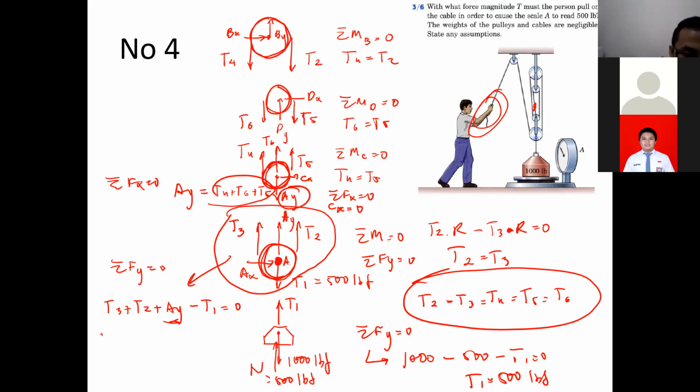So T1 will be equal to T2 plus T3 plus T4 plus T5 plus T6. All of these we call T, okay? It's supposed to be 500 lbf, so it's equal to 5T. So T will be equal to 100 lbf.